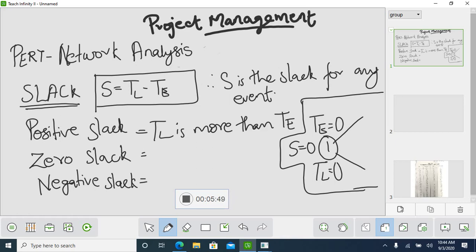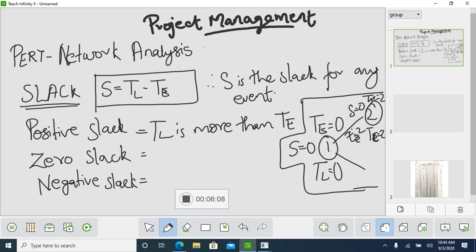If you see event 2, you have TE equal to 2 and TL equal to 2, so your slack is equal to 0.